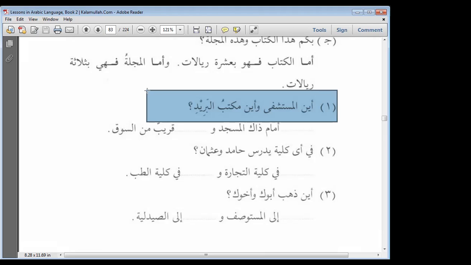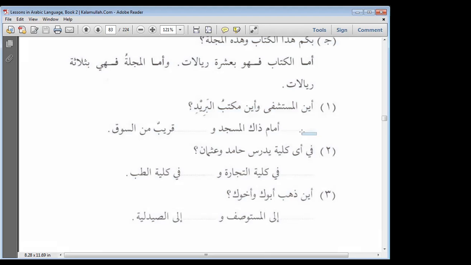So the answer will be, you'll say أما المستشفى فهو أمام ذاك المسجد. As for the hospital, so it is in front of that masjid.